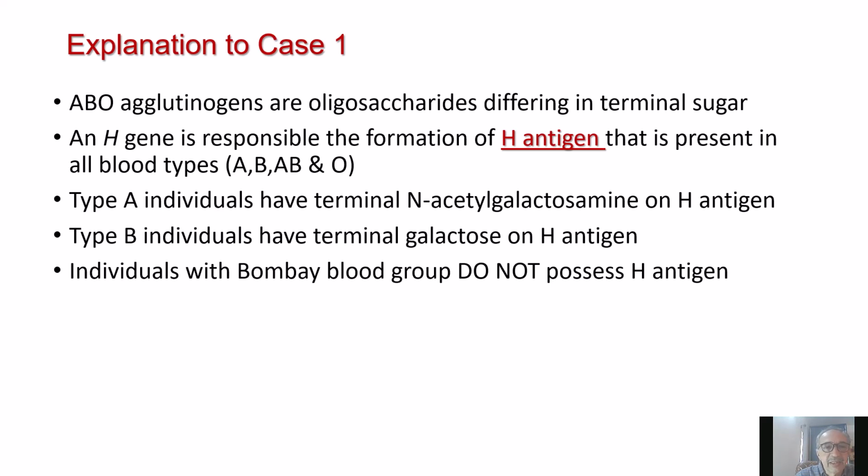So in that case, the type is A, H plus this. Type B individuals have H plus terminal galactose. Therefore, the Bombay blood group individuals do not have H antigen. This is the explanation for this.